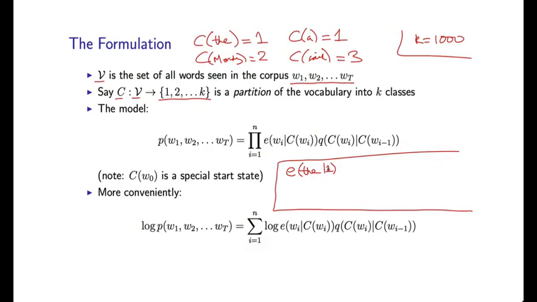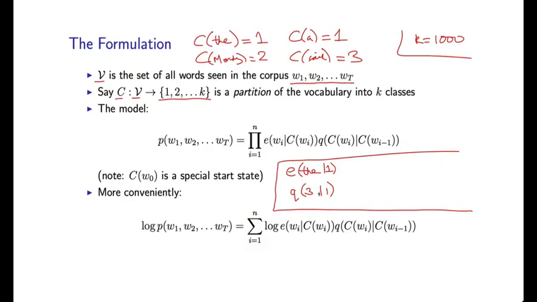Okay, so each cluster from 1 to k is going to have a distribution over the different words in the vocabulary. The second type of parameter looks very much like the kind of transition parameter we saw in HMMs. So for example, q of 3 given 1 would be the probability of class 3 following class 1.